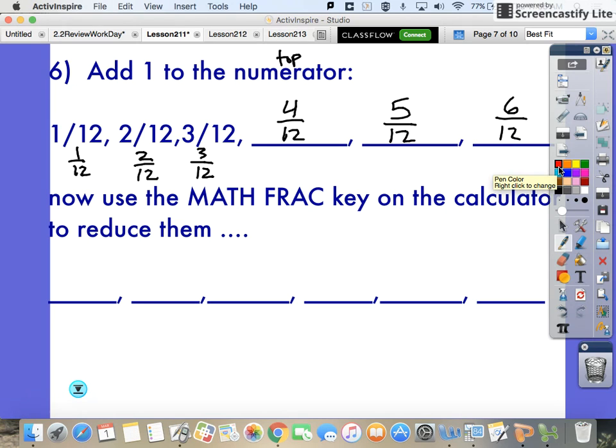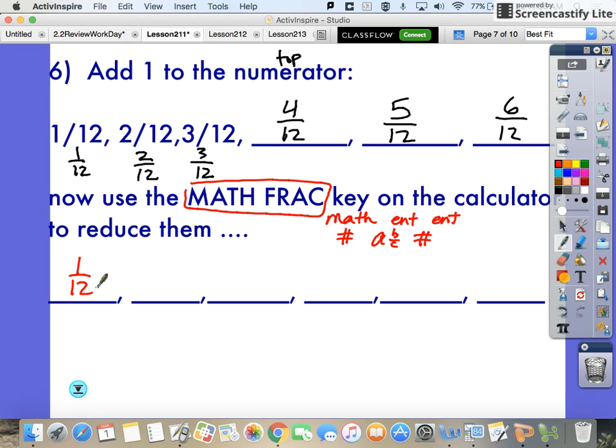In your calculator, if you hit the math key and hit frac, basically you need to hit math, enter, enter. Or if you have one of the smaller calculators, you hit the number, A B C button, and then the number, and hit enter. What will happen is it reduces this. So 1/12 reduces to 1/12, 2/12 reduces to 1/6, 3/12 reduces to 1/4, 4/12, here's what I mean by the math enter enter key.